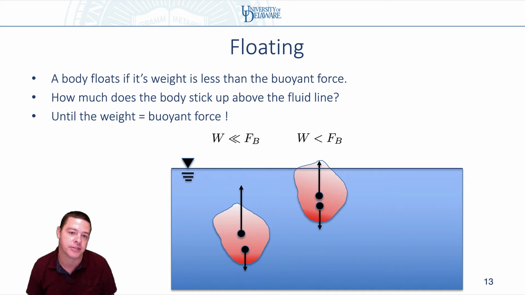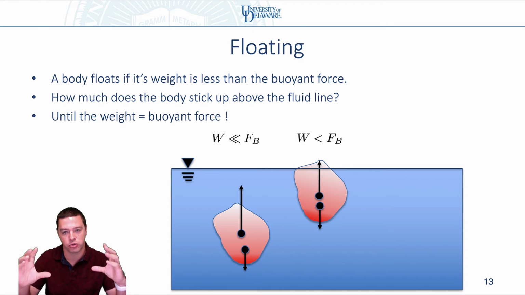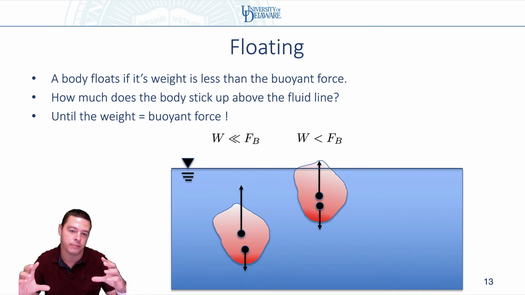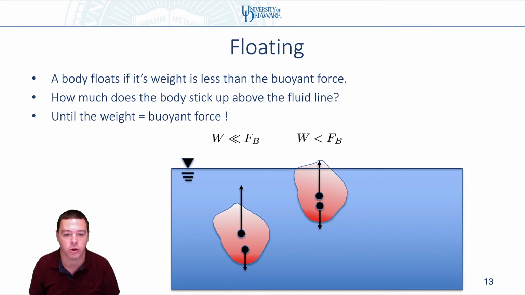As the object protrudes through the surface, the magnitude of the buoyant force will go down because you have less volume being displaced, but also the center of buoyancy will change because the shape of the displaced volume is changing as well.